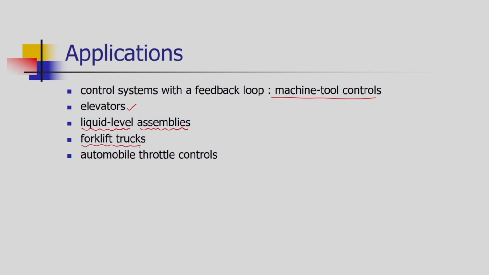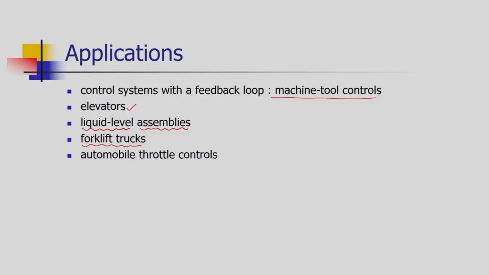Forklift trucks have forks which lift the commodities. The lift or displacement of the forks has to be monitored, and for that purpose we need the potentiometer sensor. The throttle valves I have already talked about. Then control of injection molding machines. The injection molding machine has very critical parts, the two dies that have to be closed regularly.